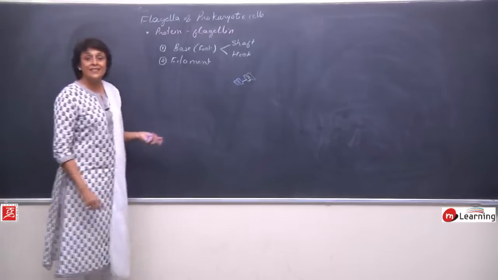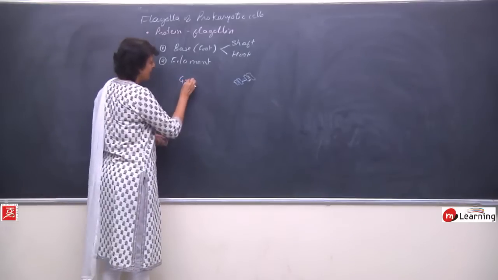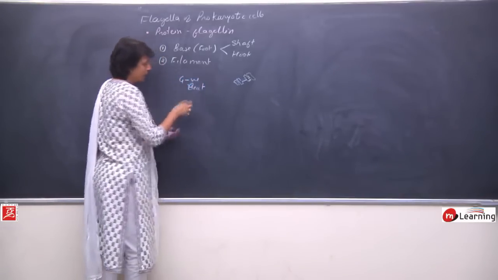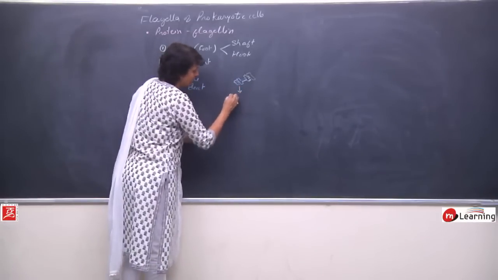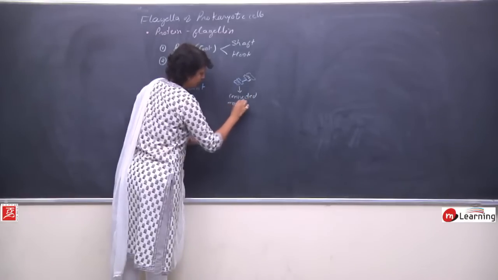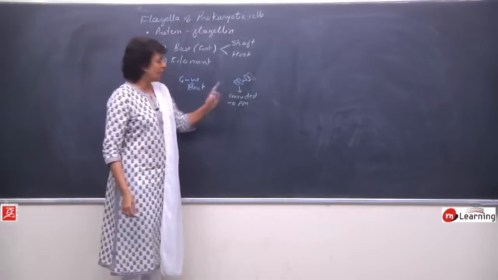So there are four discs which make up the shaft in a gram-negative bacterium. The lower disc is connected to plasma membrane. And the outer disc is in the cell wall.